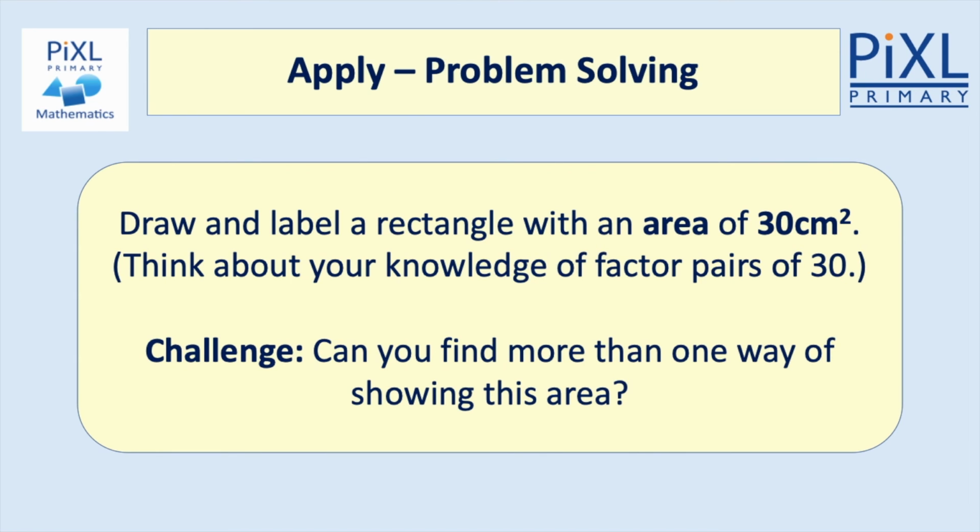So now I want you to have a go at drawing and labelling a rectangle with an area of 30 centimetres squared. So think about your knowledge of factor pairs of 30. And a challenge for you could be, can you find more than one way of showing this area? So for your measurements, you could have had 1 centimetre and 30 centimetres.